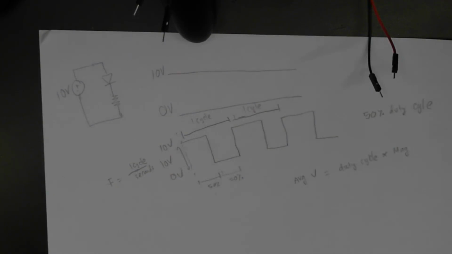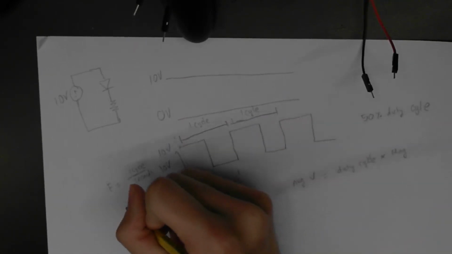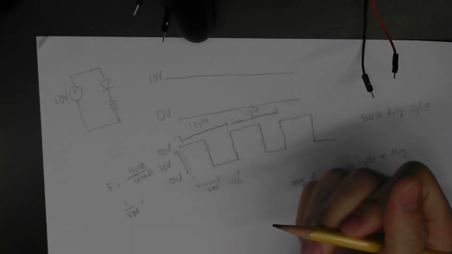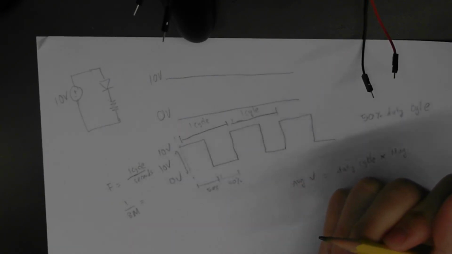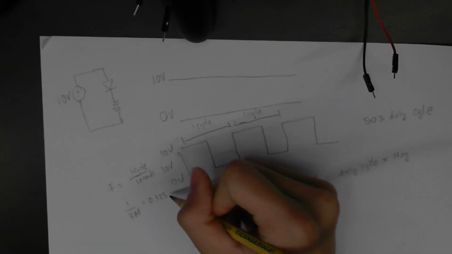Let's say your Arduino is 8 megahertz, then the time for your cycle would be 1 over 8 megahertz, which gives 1.25 microsecond for 1 cycle. How much the signal is on and off during this cycle will determine your PWM.